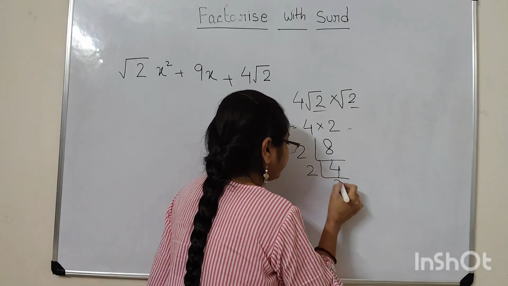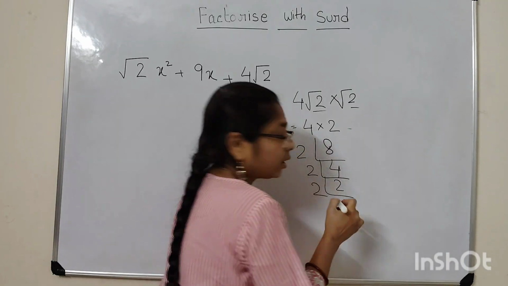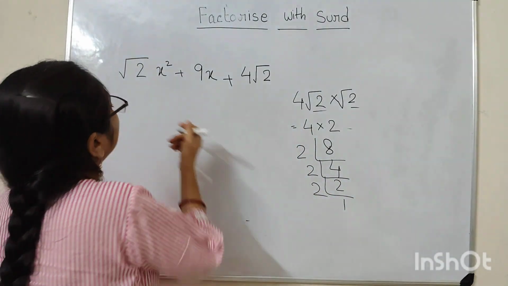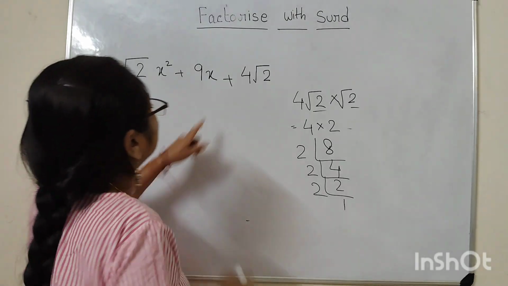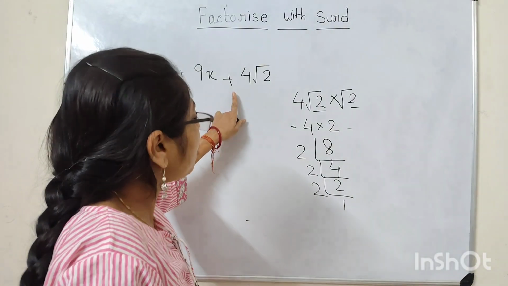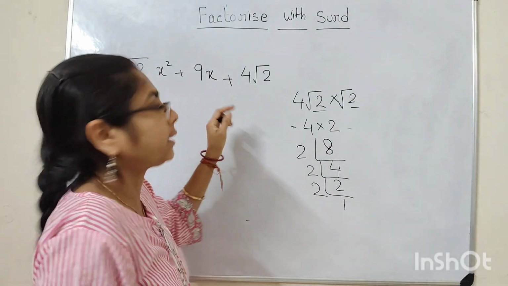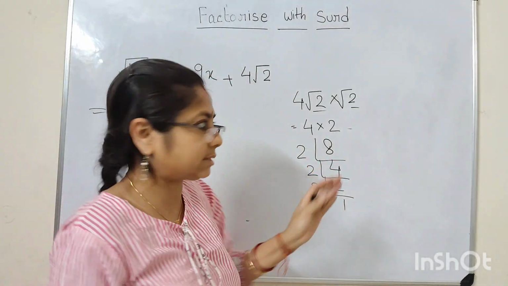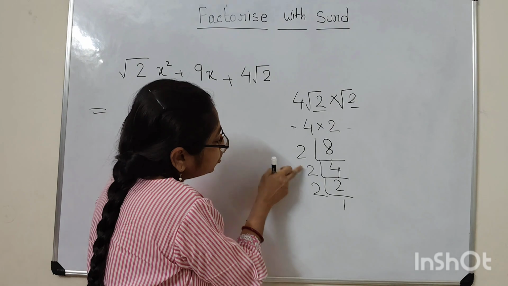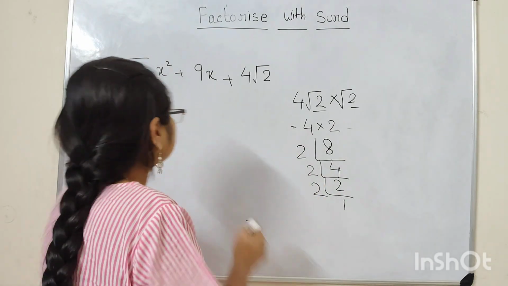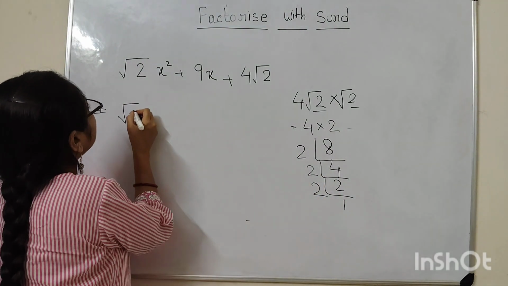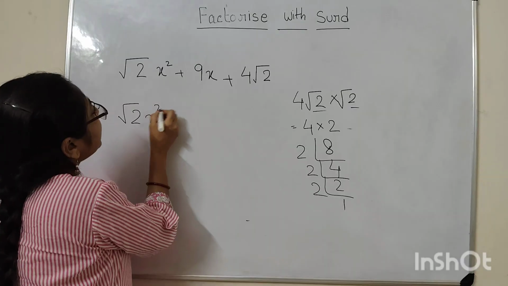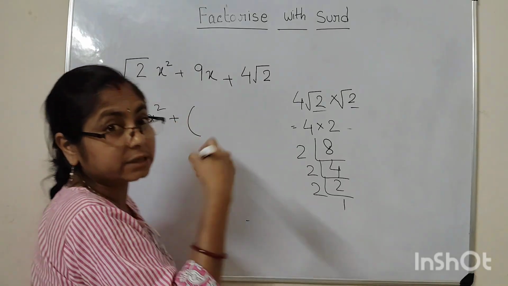Now the normal factor method, that is a plus sign. So you break the middle part with the addition sign. I make it 2, 2, 2 and 1 proper. So how can I write it this way? Root 2 x square plus. How can I write 9?